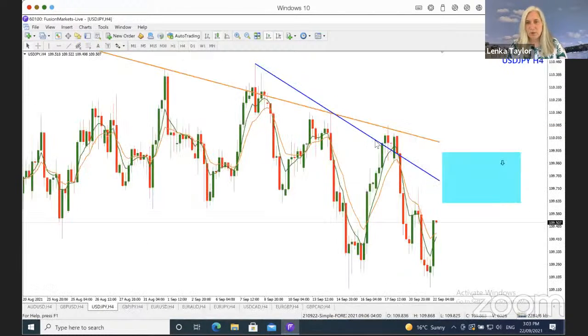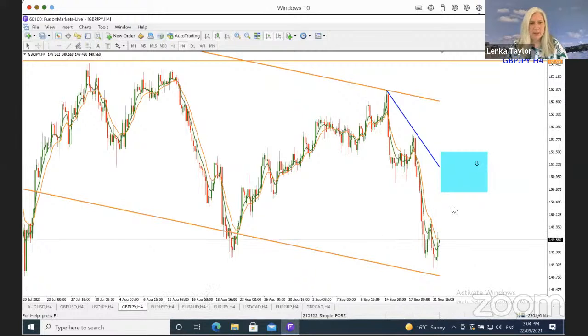So I'm waiting for the price to go back up a little bit further, either to the bottom of these bars here, or to the trend lines, or to the top of the channel. So if the price does go back around there and turns around, maybe in this area here, then I'm looking for a short on USD JPY.